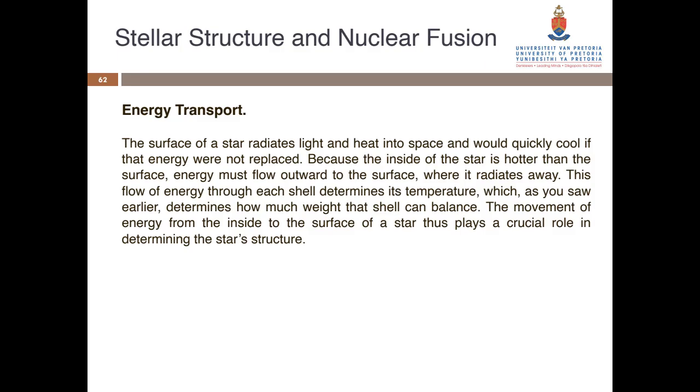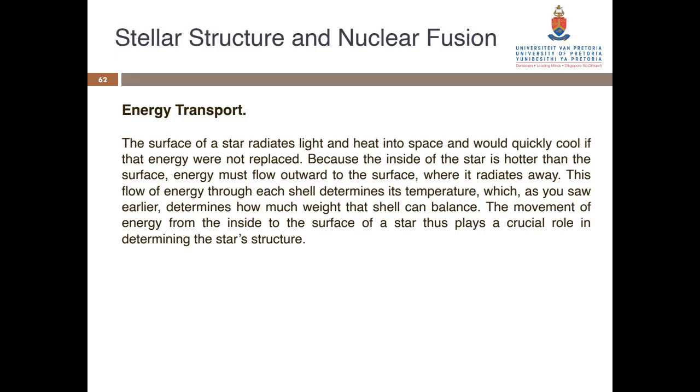So now we need to talk about how energy transportation happens inside a star. The surface of a star radiates light and heat into space and would quickly cool if that energy were not replaced. Because the inside of the star is hotter than the surface, energy must flow outward to the surface, where it radiates away.